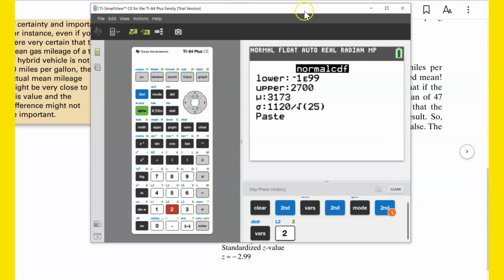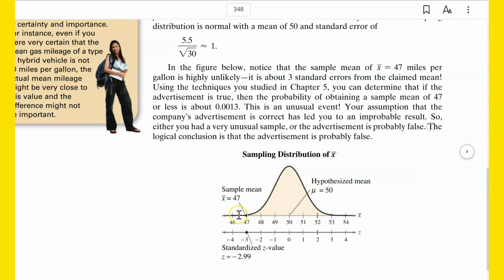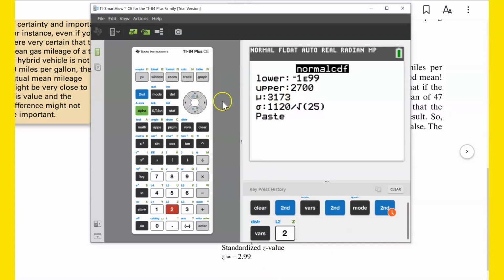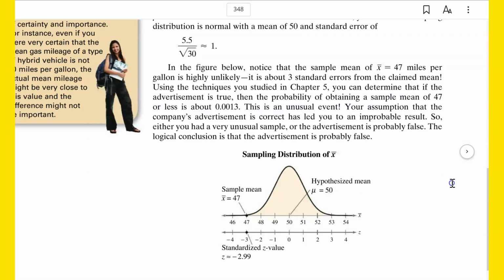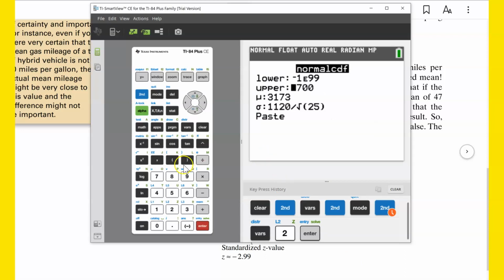The lower limit, if I am in this part of the graph, the lower limit is anything less than 47, so negative infinity. The lower limit will be negative 1e99. The upper limit will be that value right there, 47.